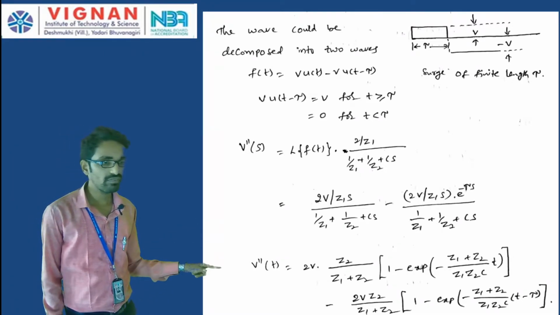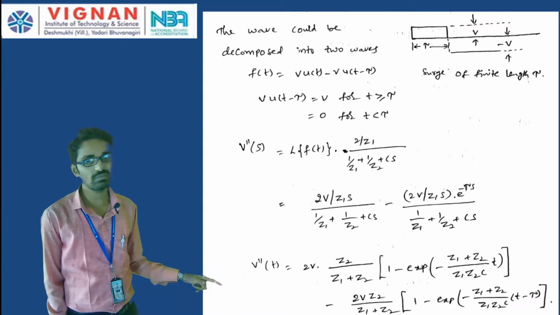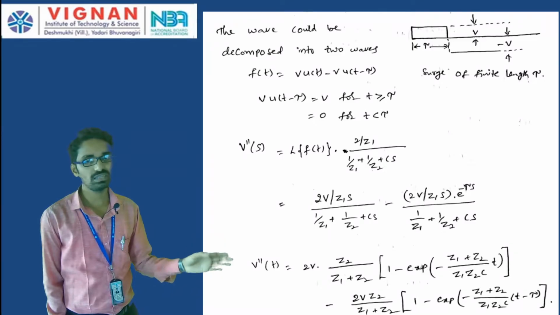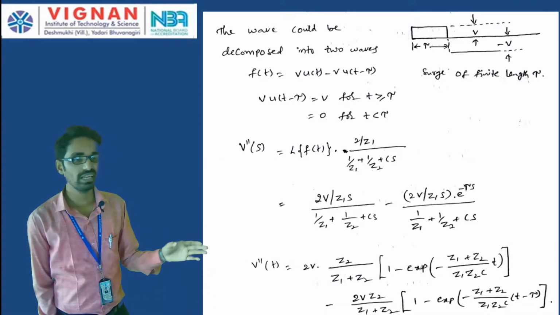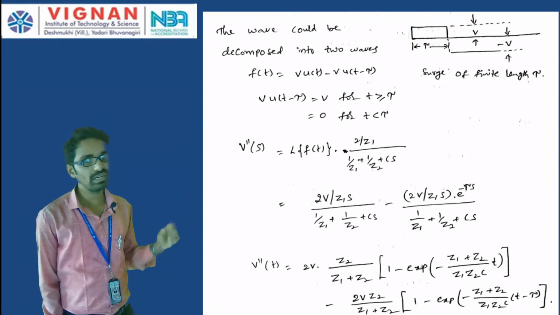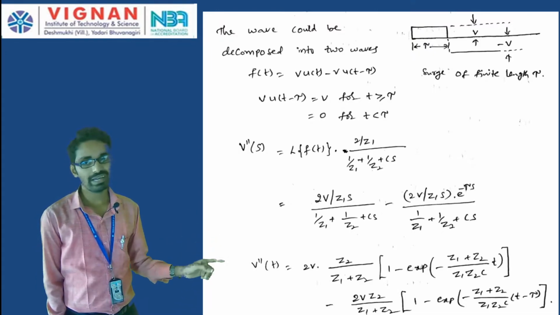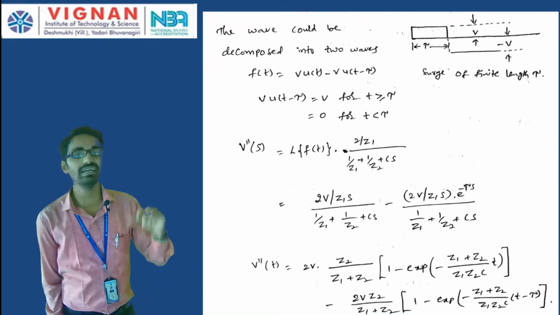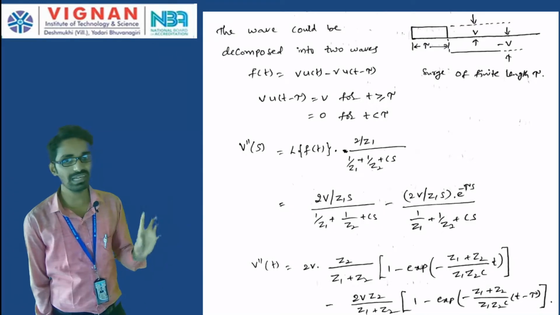So v double dash of t is equal to 2v z2 by z1 plus z2, if I take the common, into 1 minus e power minus z1 plus z2 by z1 z2 c into t, and minus 2v z2 by z1 plus z2 into 1 minus e to the power of minus z1 plus z2 by z1 z2 c into t minus tau. The first one is u of t and the second term is t minus tau.